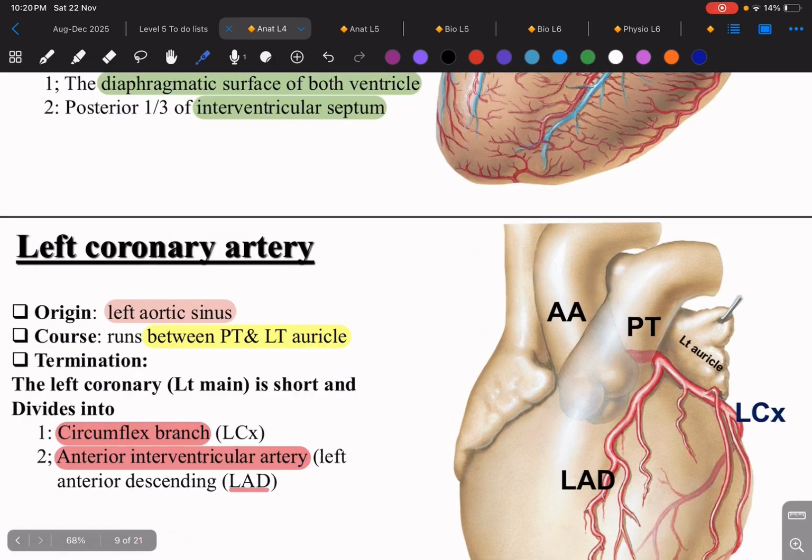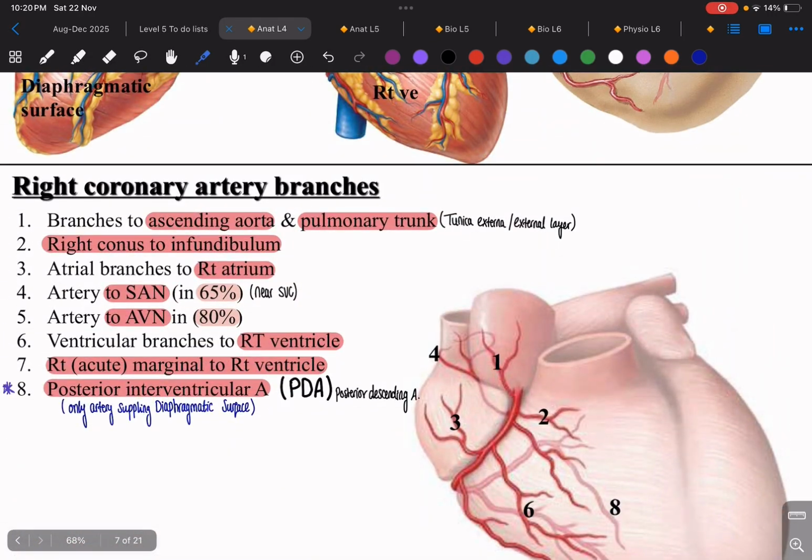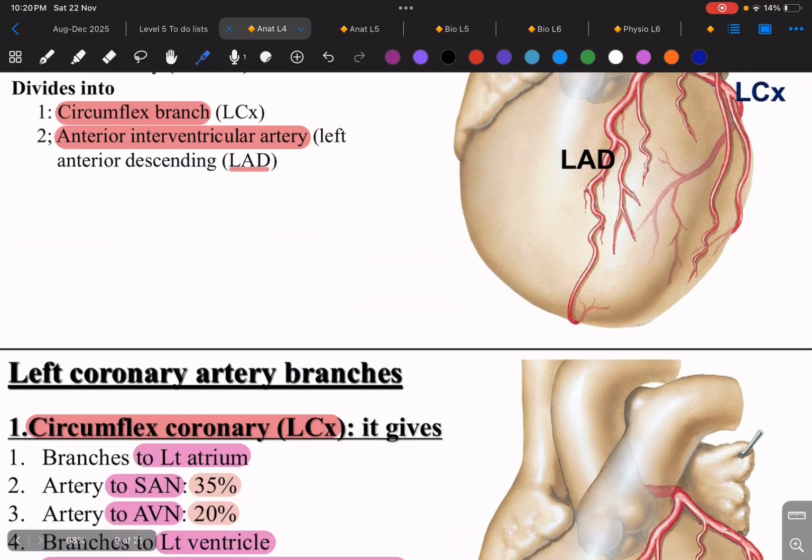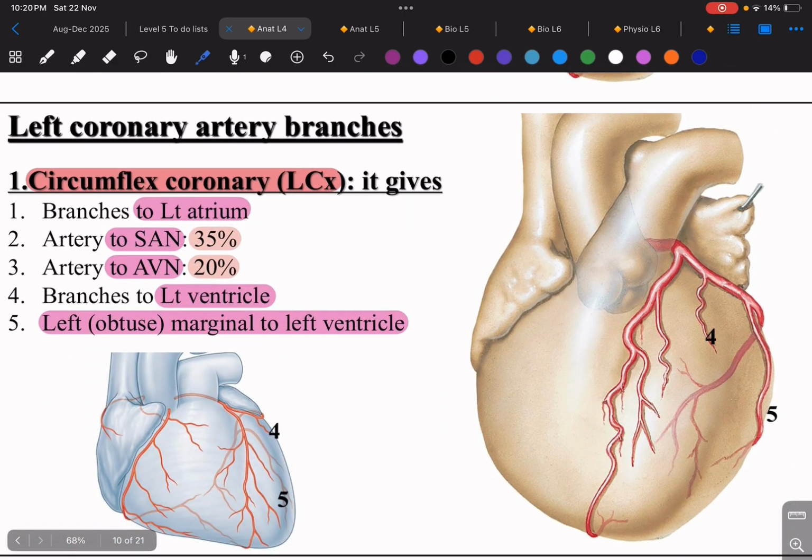But didn't we say here that 65% of people get the artery of the SA node from the right coronary artery? What about the rest? We said the remaining 35% of people, where do they get it from? They get it from here, the circumflex. So 35% of people get the artery of the SA node from the circumflex, which is mainly from the left coronary artery.